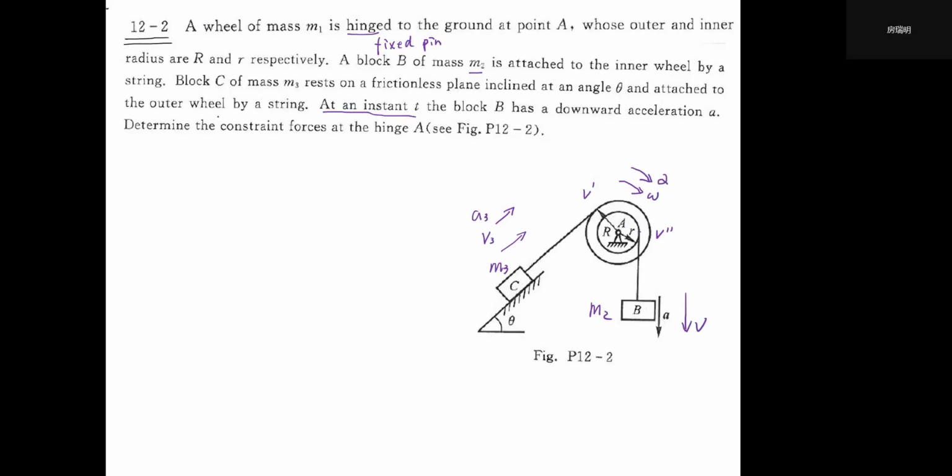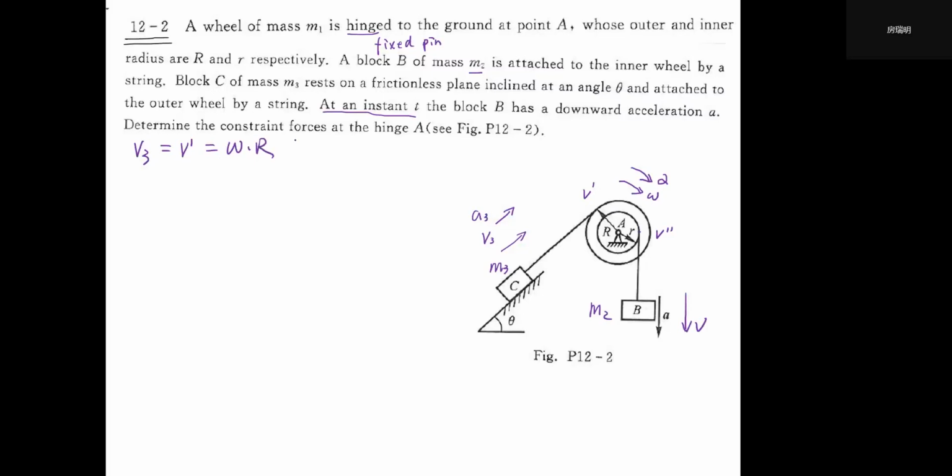Please follow me. We first try to find its relation. We have our V3 here, because it's connected with the string. So our V3 will equal V prime. And this point is a point on a body which rotates around a fixed point or axis, so it will equal omega times r. That means V3 equals omega r.